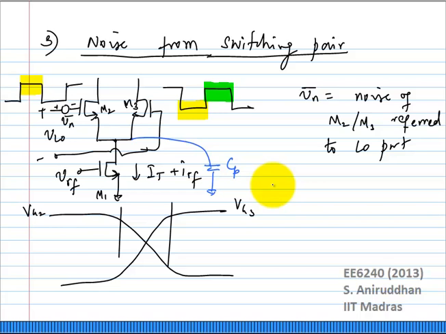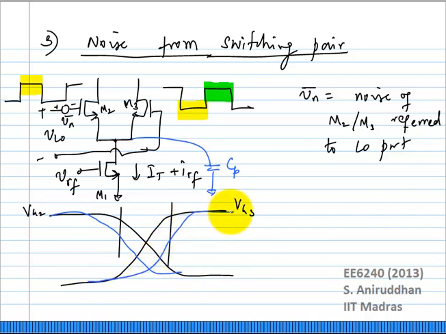Okay, so what will the waveforms look like now? Let us say I am going to draw it like this, on the same curve with a blue curve. What will happen to M2? It will turn off earlier or later? It will turn off earlier. So it looks like this. What will happen to M3?